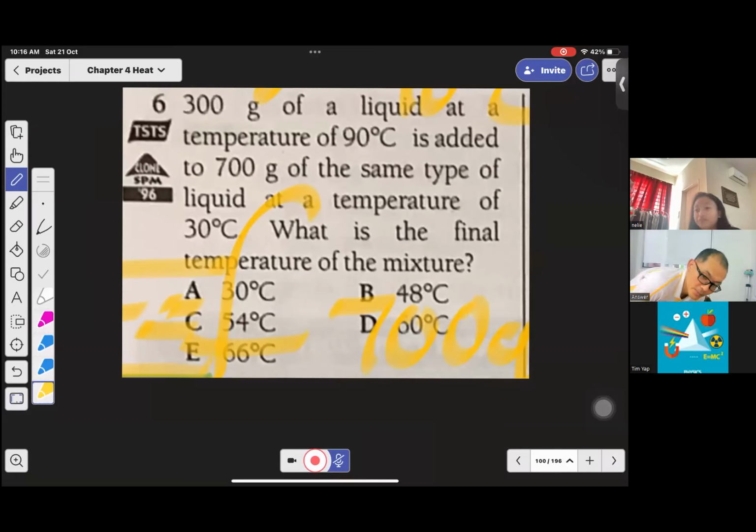Now we have a try. Later I explain you how to do. This is a SPM common question.